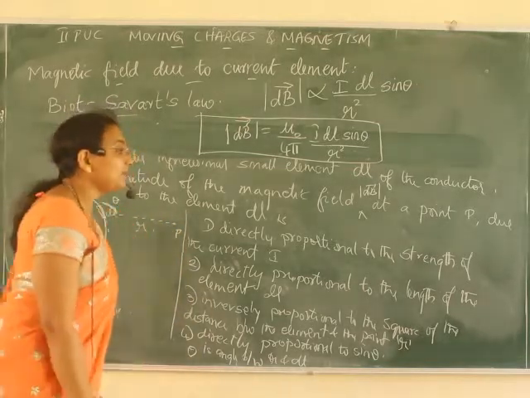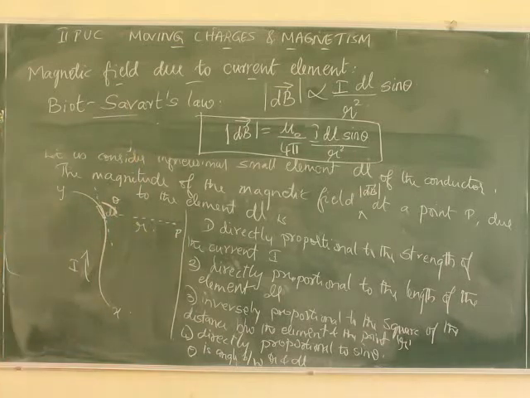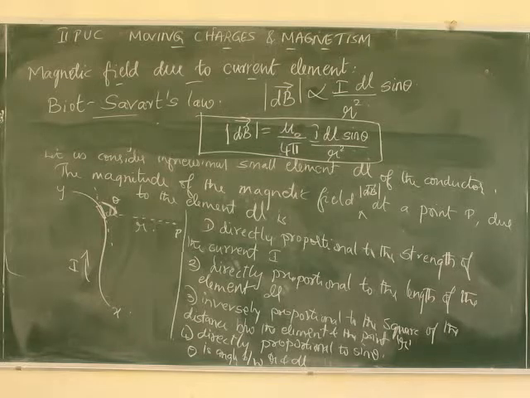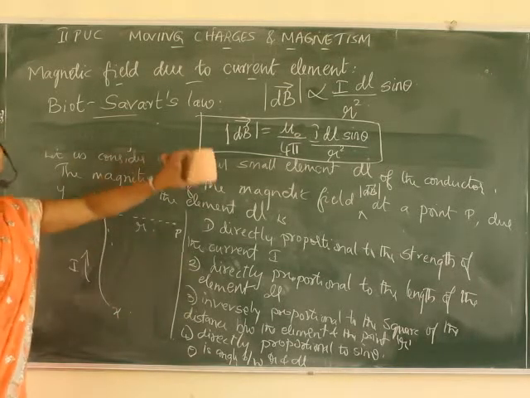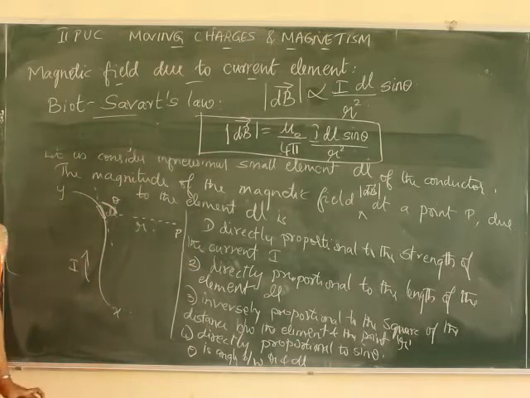Because if you go through the old question papers, you can see most of them have this question: state and explain Biot-Savart's law. No other statement. Just like this, if you write along with the expression, you will get 3 marks.